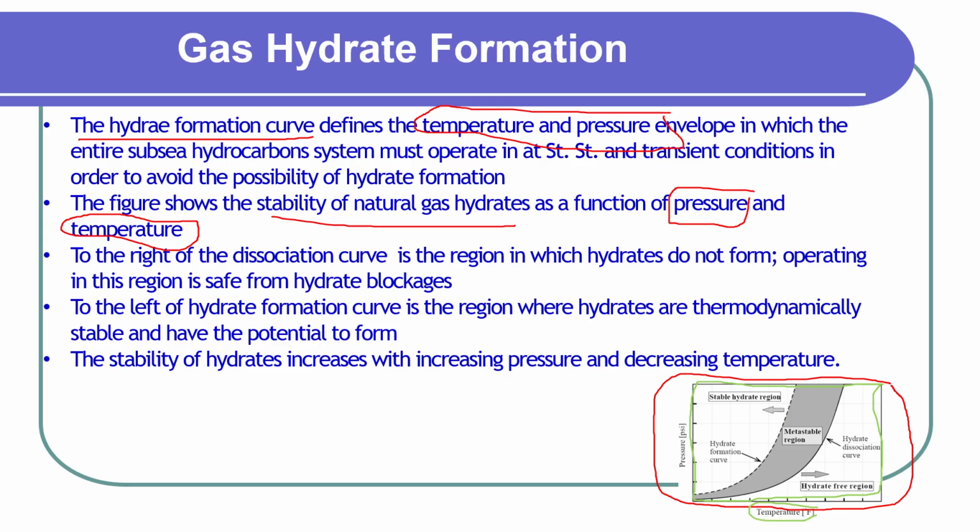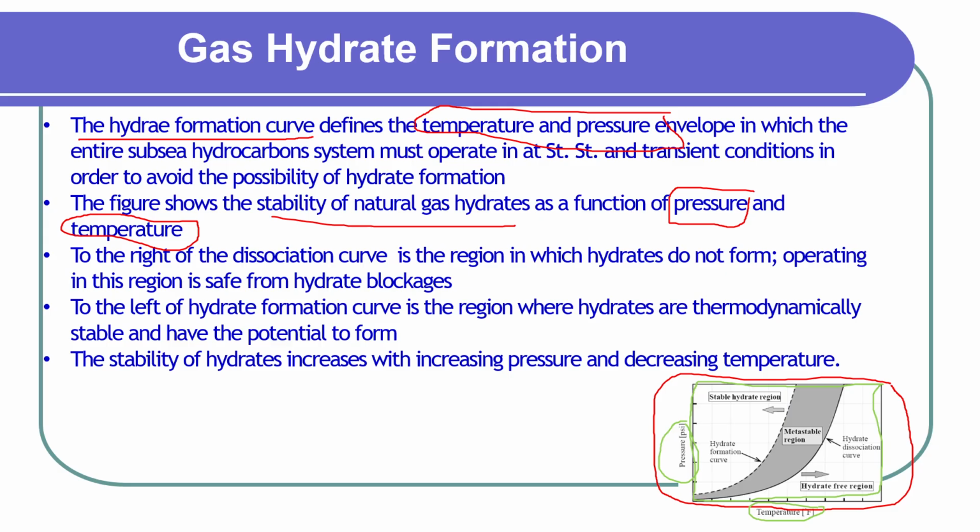Temperature is the x-axis and pressure is the y-axis, and based on those values you can specify whether you are operating at a situation where you're going to get hydrate formation, or no, you are safe and away from the hydrate formation region.